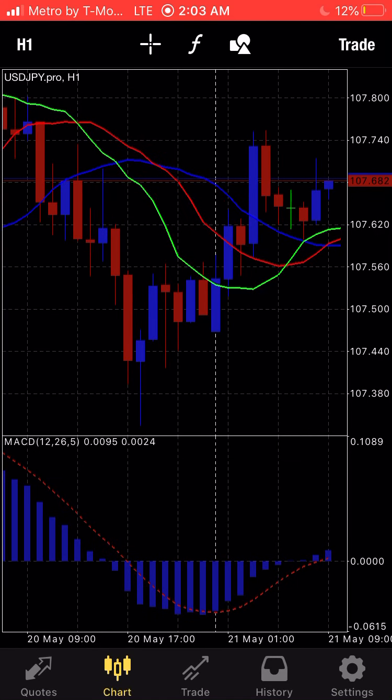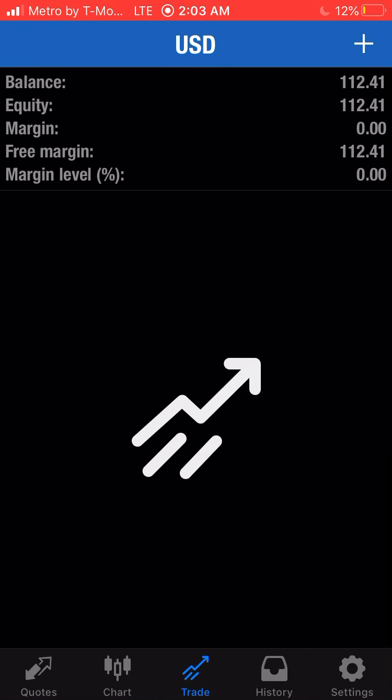All right. So then we go to our trades page. This is my live account, so my balance right now is $112. What equity means is how much money you have: your balance plus the money you're in with the trade. For example, if I'm down on a trade right now, if it's red, when you enter a trade, you'll see if you're red or blue.